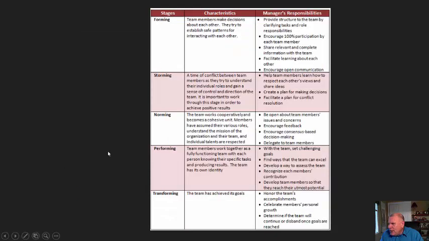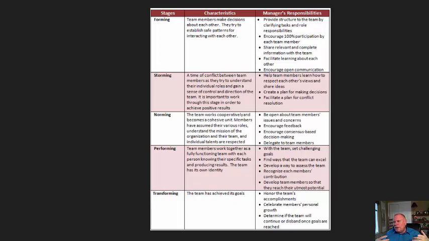The other one here I think is interesting because it really gives us an opportunity to look at the characteristics of what's going on in the team, but also what a manager or leader will do. They make decisions about each other. You're working with somebody you don't know, and you sort of have to evaluate them to see how they're going to come up. You're going to end up with sort of a safe pattern.